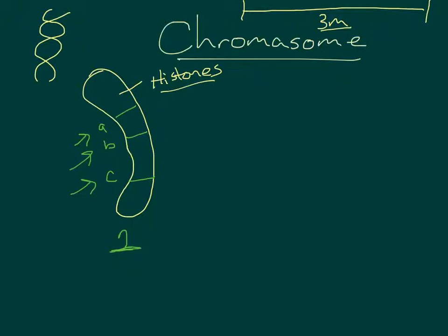There are different variants, small a, small b, small c. And when you go through synthesis, remember, we make a copy of this chromosome, and it's connected by a centromere. This copy, of course, has exactly the same DNA.